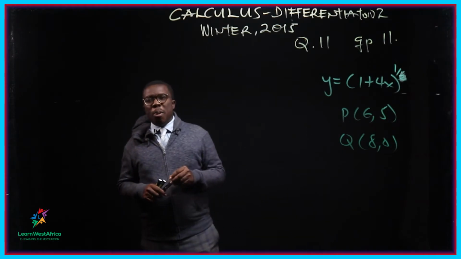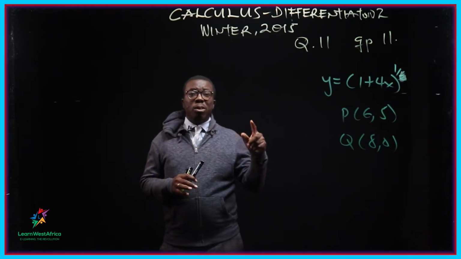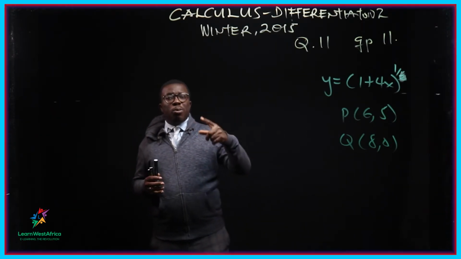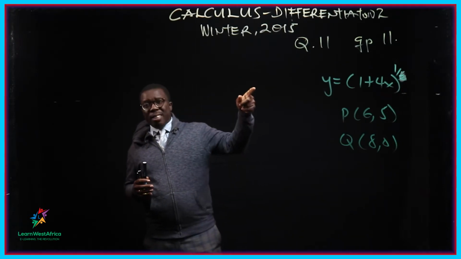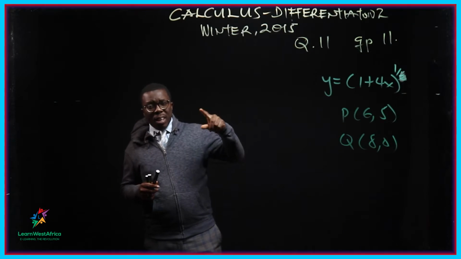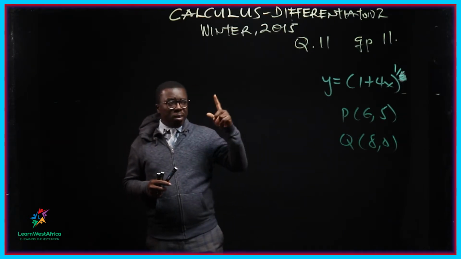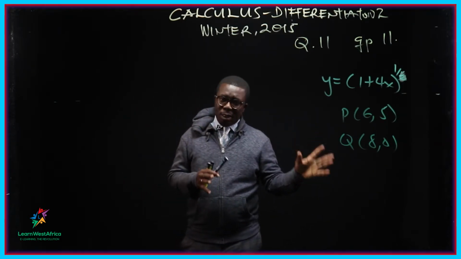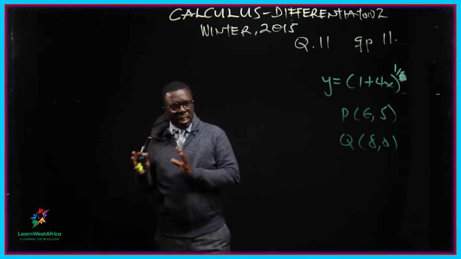So what do we do? To show that PQ is a normal to the curve, we find the gradient of the curve at P, then find its negative reciprocal. If the negative reciprocal is the same as the gradient of the line PQ, then we can say that it is a normal.